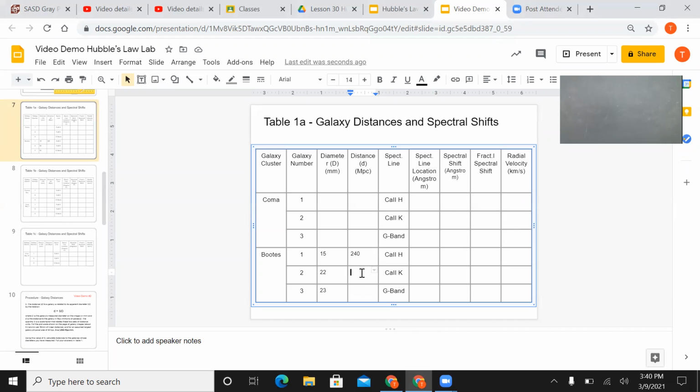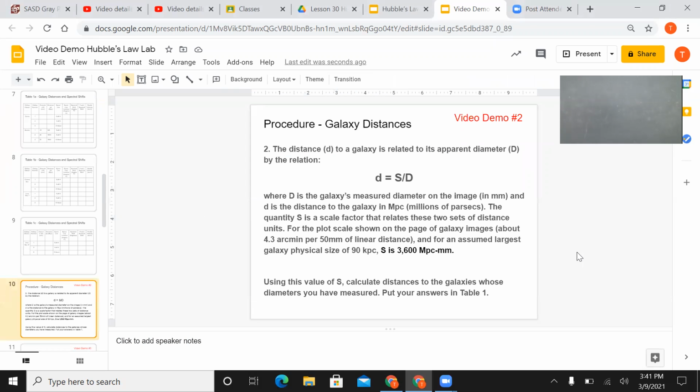Our second one was 163.5, and our third one was 156.5. And we are now done with that part of the activity. So go ahead and calculate the distances for all of the other galaxies that you previously measured.